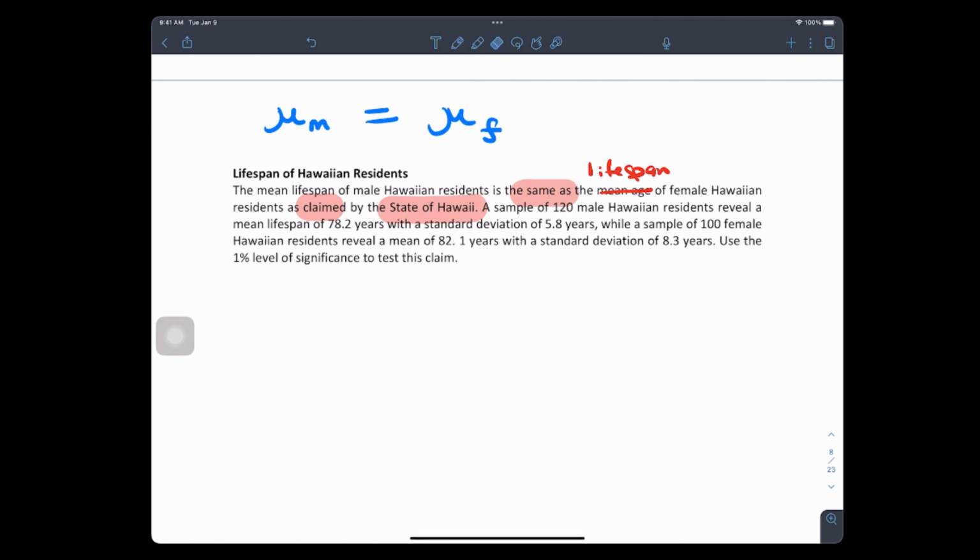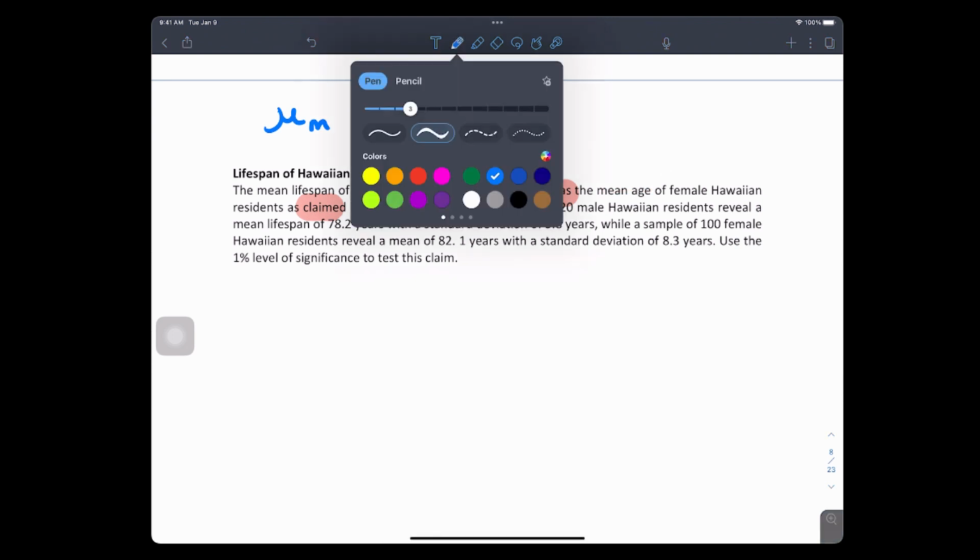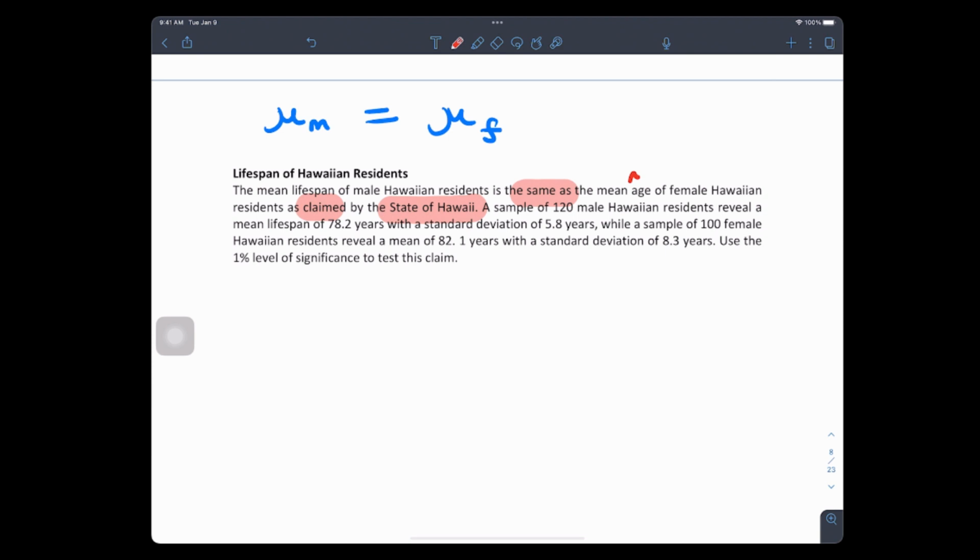So here's what you want to do: the mean lifespan of females. And here's the claim. So where does that belong? Is that a null or an alternate?